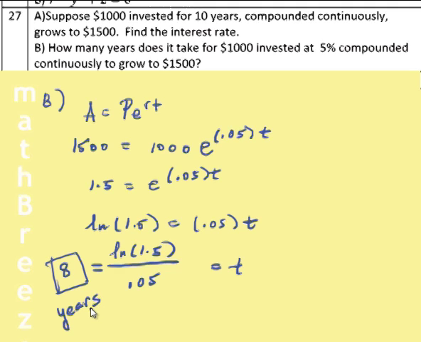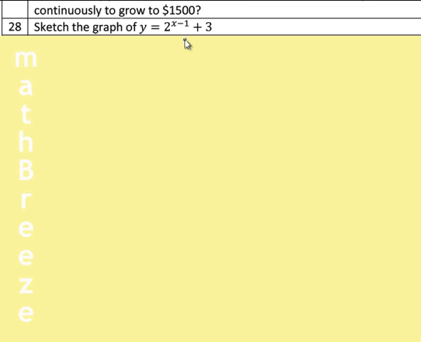Okay, in 28 we're sketching the graph. Let's remember what y equals 2 to the x looks like. And we'll look at transformations. So this is what y equals 2 to the x looks like. This is the point (0, 1).